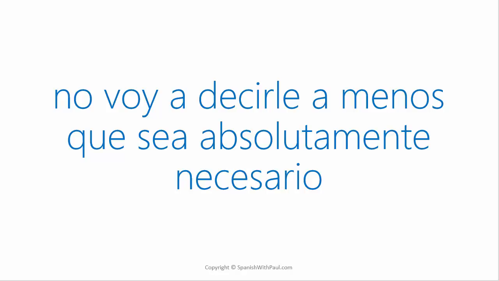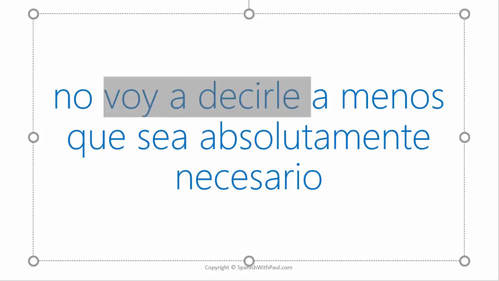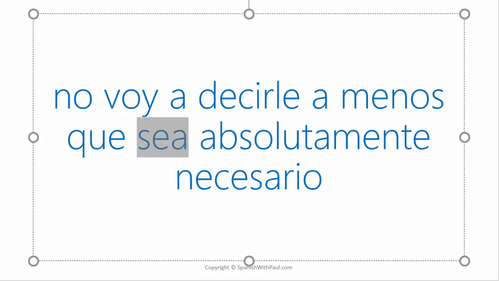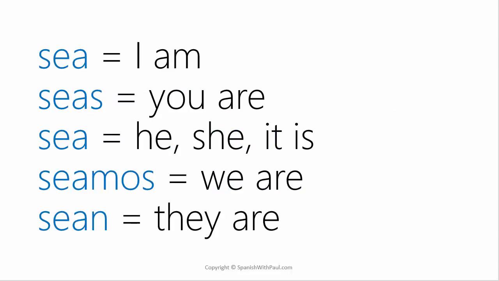This is a very good example of something very natural, very common in everyday language. So I'm not going to tell him, no voy a decirle, unless, a menos que, here's our trigger. So instead of es absolutamente necesario, which is fine on its own, but because we've triggered the subjunctive, it forces us into sea, which is the subjunctive of ser.